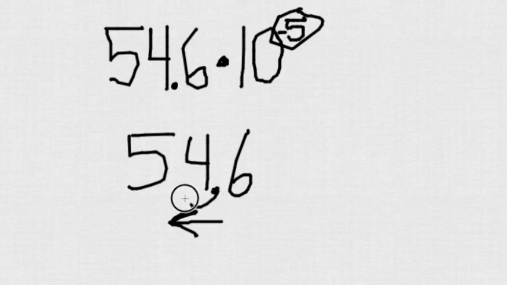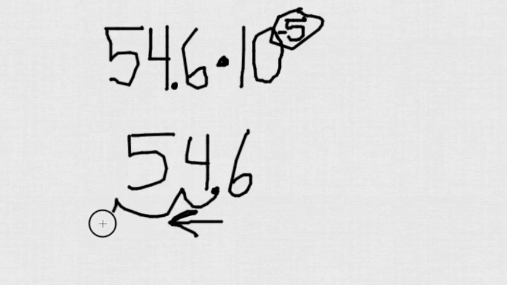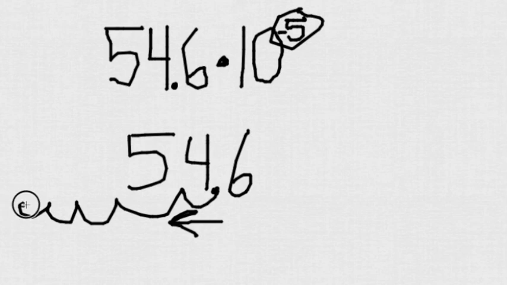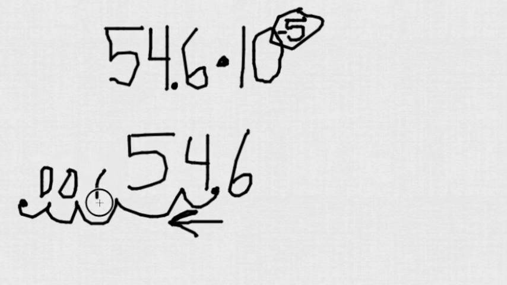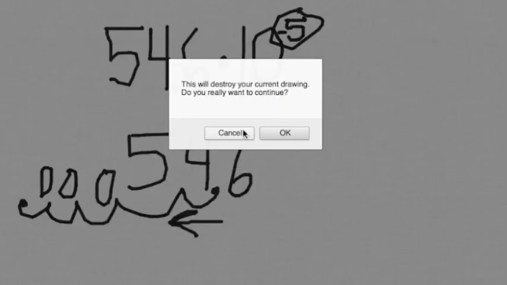So we'll move it 1, 2, 3, 4, 5. So now we would have a way smaller number than we had previously. I hope you like the general understanding of scientific notation.